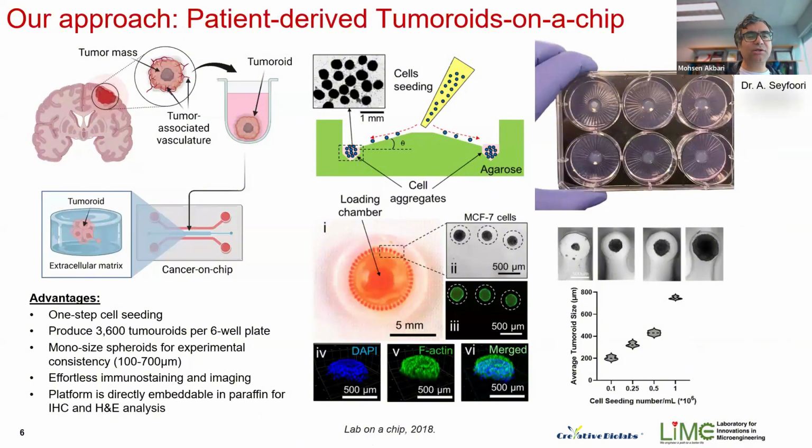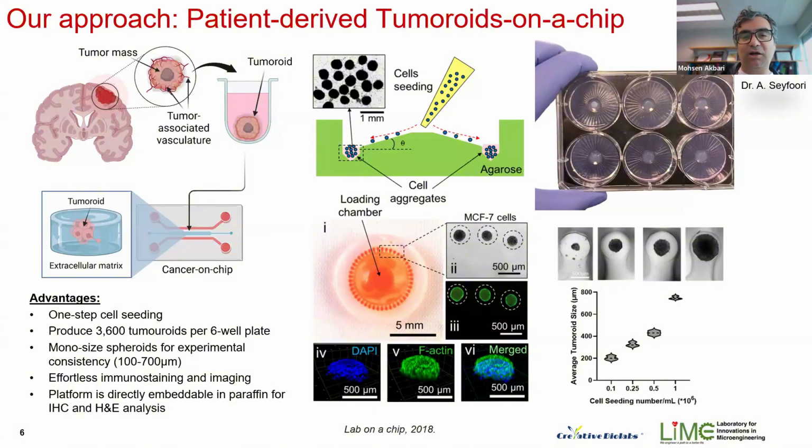So our approach is to use a technology we call Tumoroid-on-a-Chip. If you read my papers and look into the literature about what we've done, there is also a term called Tumoroid-on-a-Plate. They're basically the same, they have the same meaning.